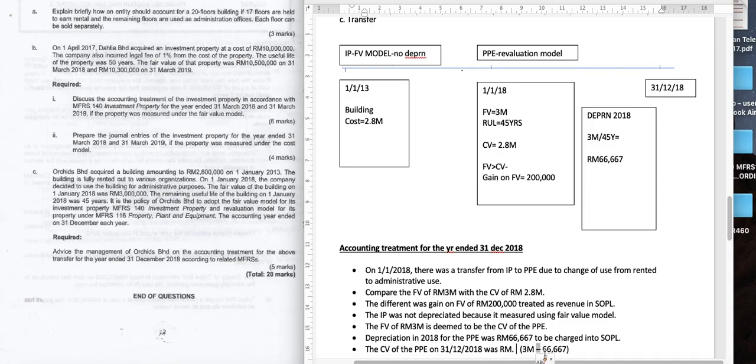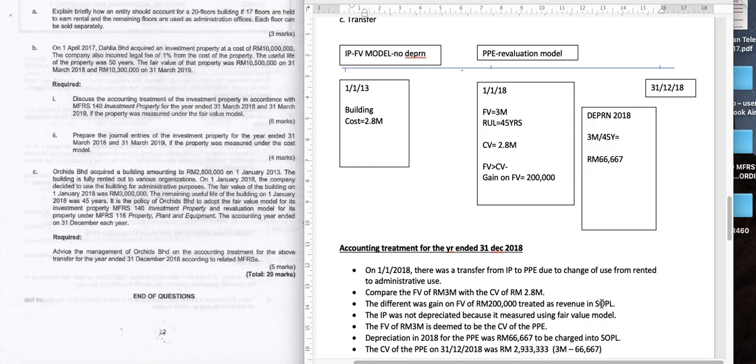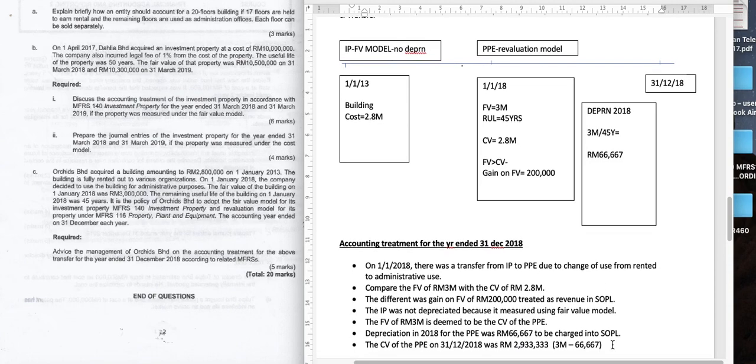Okay, so you should get 3 million plus 66,667. So 2,933,333. Alright, so we are done with that, March 2019.